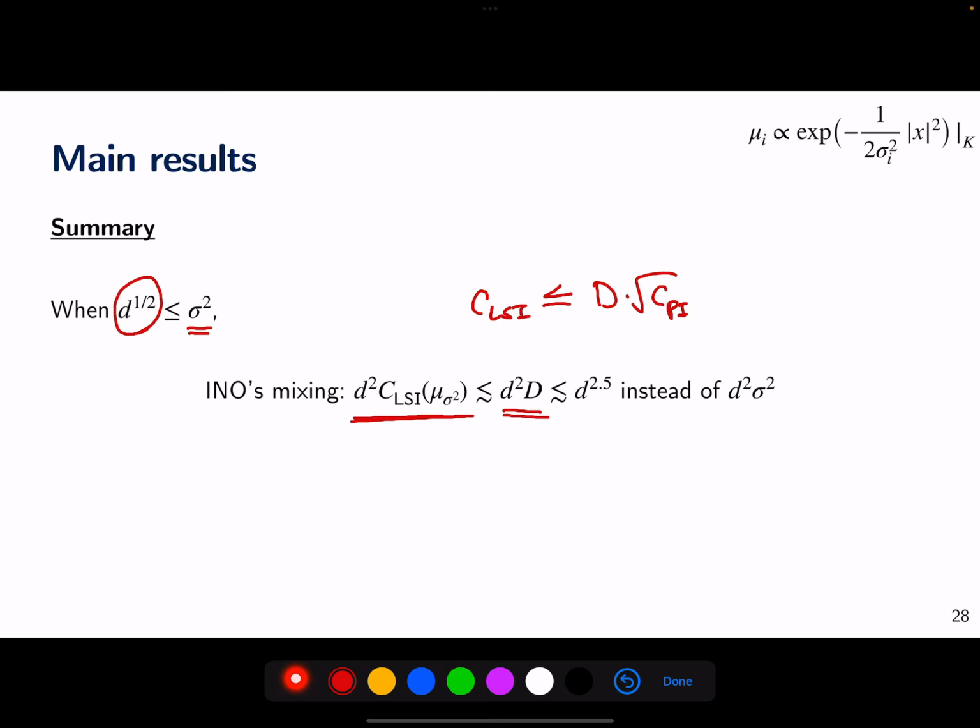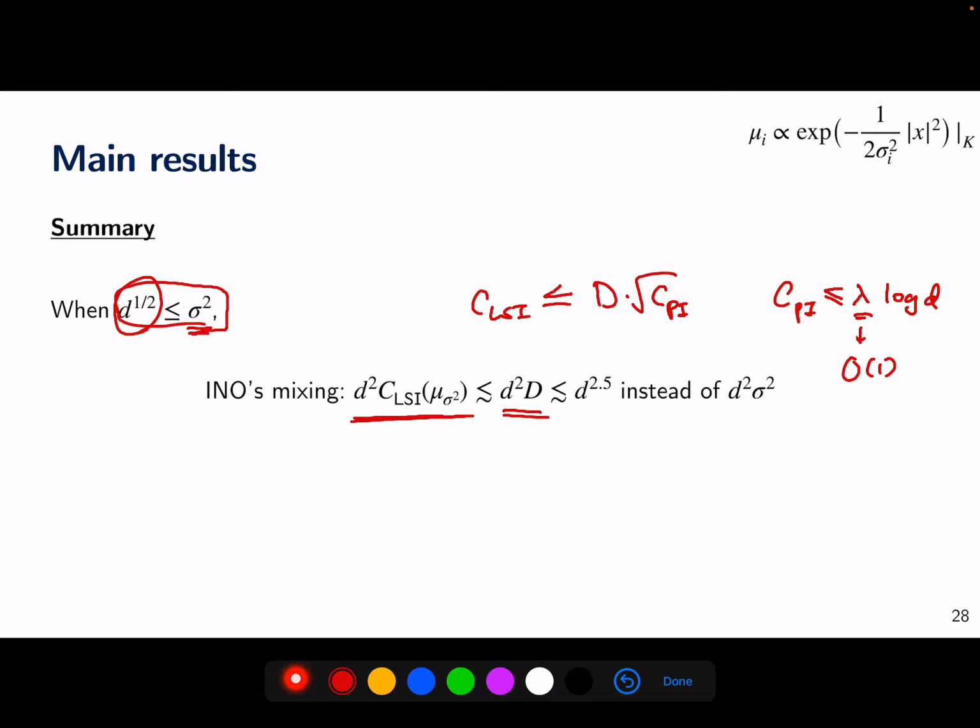But we know that C Poincaré is bounded by log lambda times log d due to Klartag's result on the Kannan-Lovász-Simonovits conjecture, and we know that this lambda is O(1), right? Because when sigma square is larger than square root d, according to our second result, lambda is O(1).